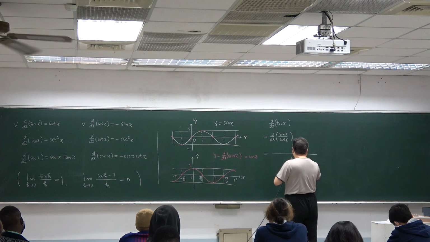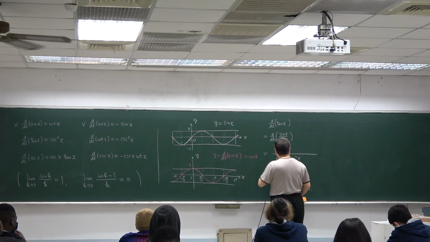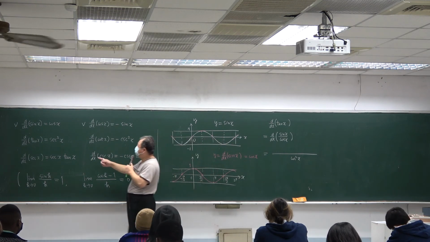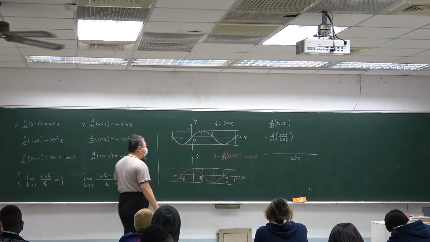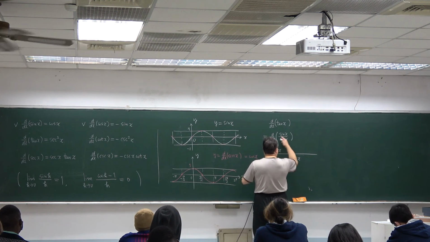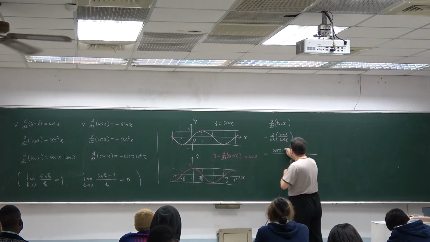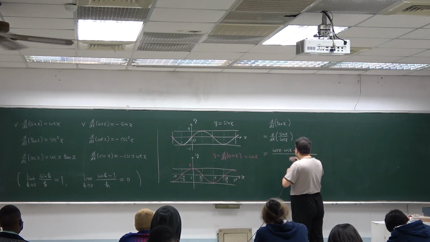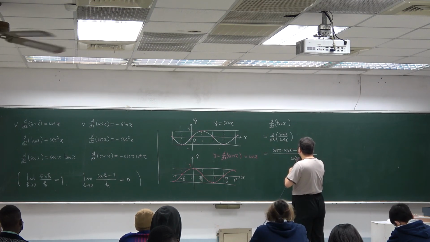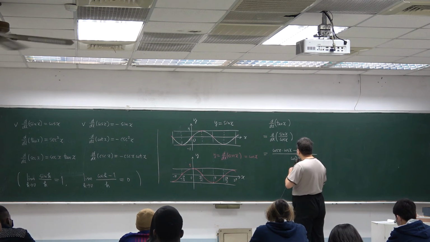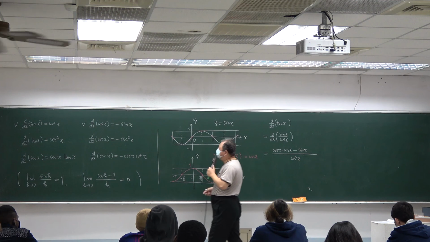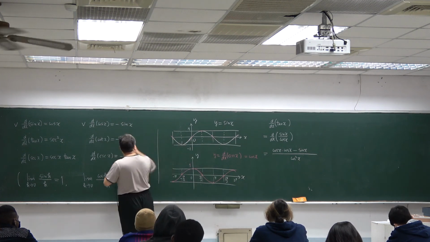cosine squared in the denominator. Differentiate the numerator, we obtain cosine, and keep the denominator, minus, keep the numerator, differentiate the denominator, the derivative of cosine is minus sine.